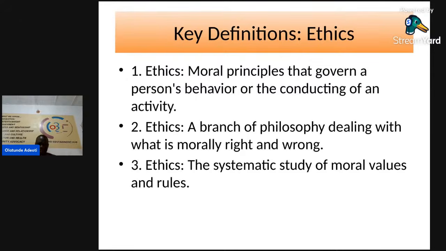So ethics is a branch of philosophy. Please underline that word. It is a branch of philosophy which deals with what is morally right and what is morally wrong. Don't forget the story of Cain and Abel.